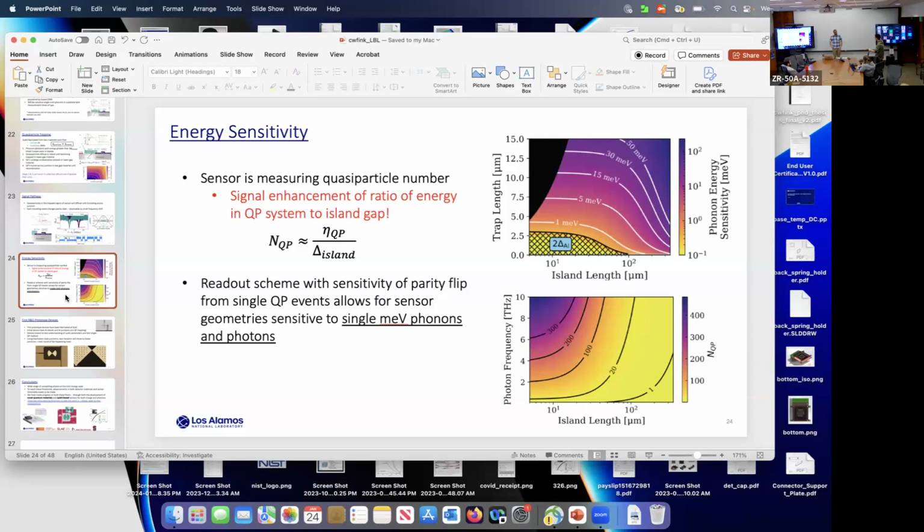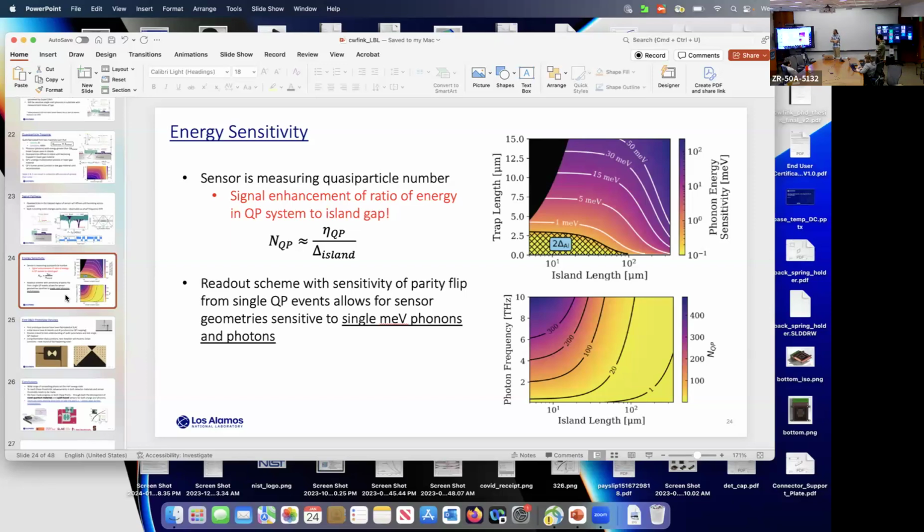How do you define this? What is an event here? For example, how do you distinguish the signal from the background noise? I suppose there will be some residual quasi-particles just from simulations.